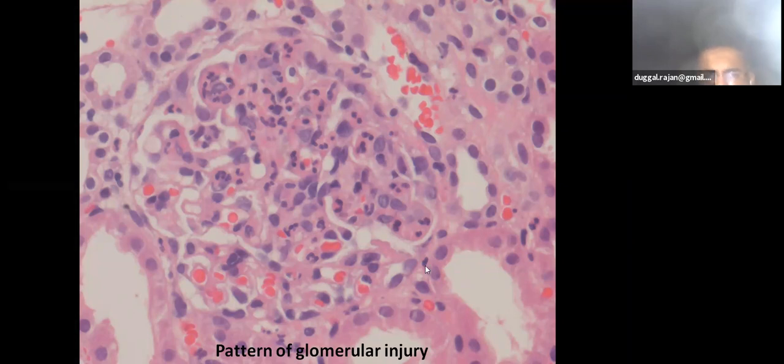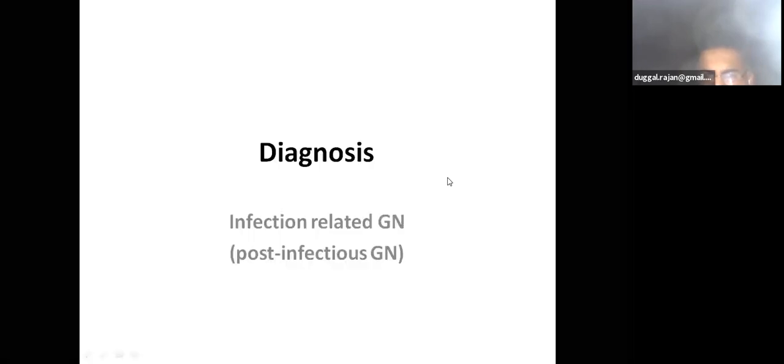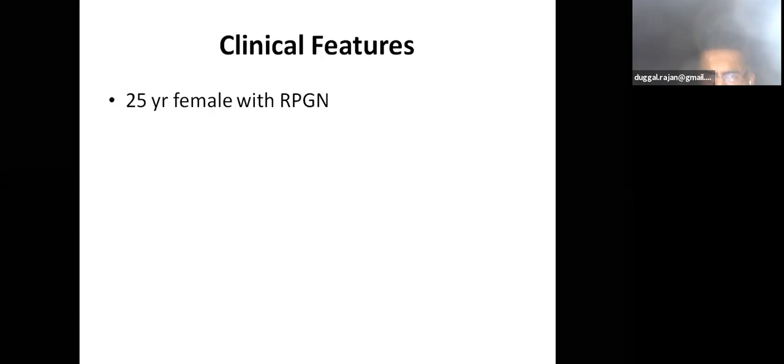But yes, if you find exudative glomerular morphology with C3 deposits, there are only two possibilities you can consider. Either it is a post-infectious glomerulonephritis, active phase, or you can think of C3 glomerulopathy. For a C3 glomerulopathy, there is no MPGN pattern, and that is the reason you are favoring a post-infectious glomerulonephritis. So it is an infection-related GN.